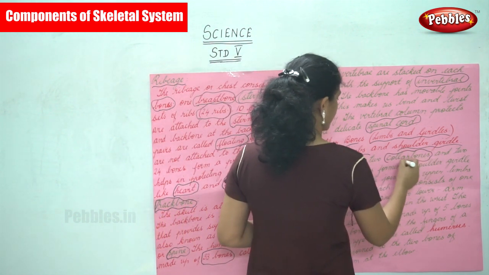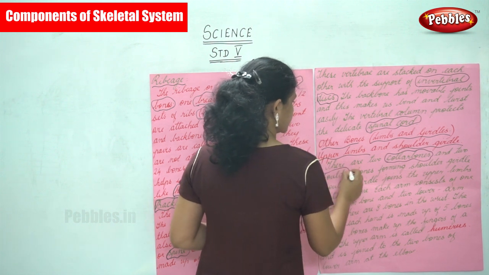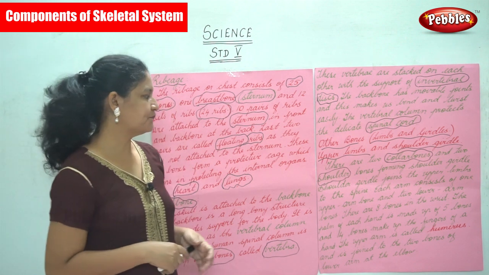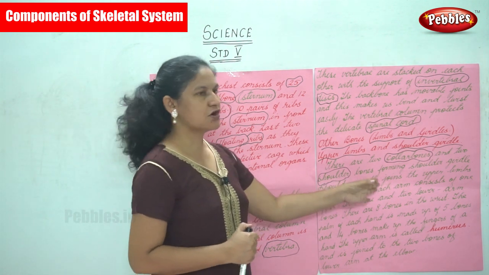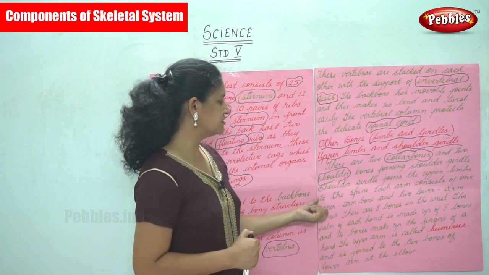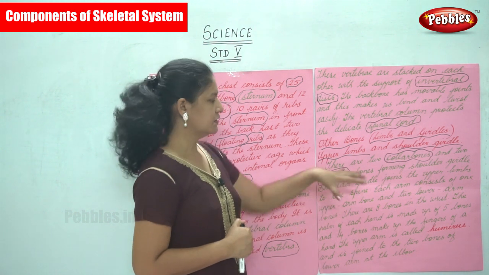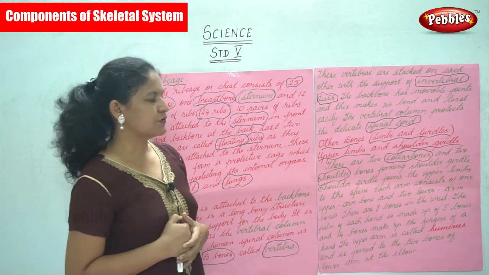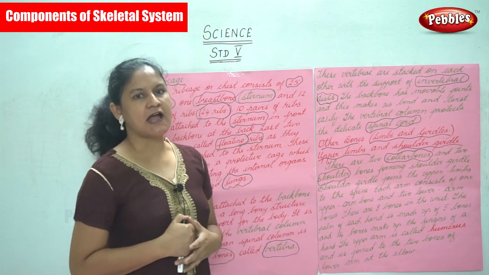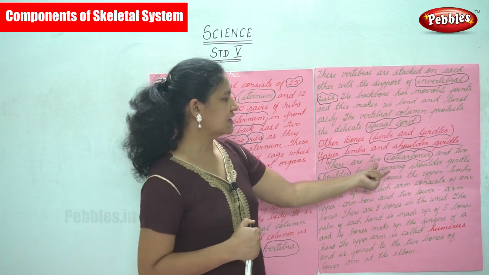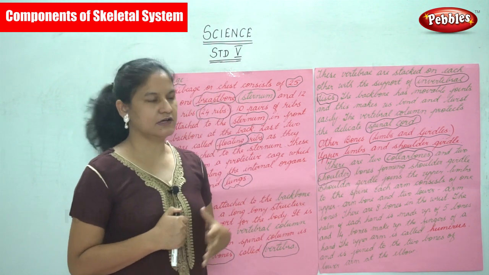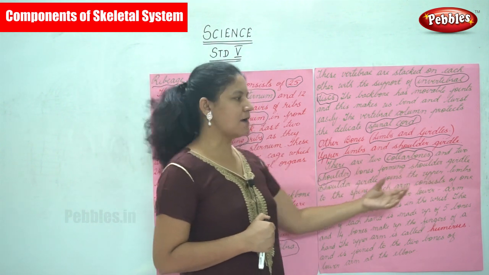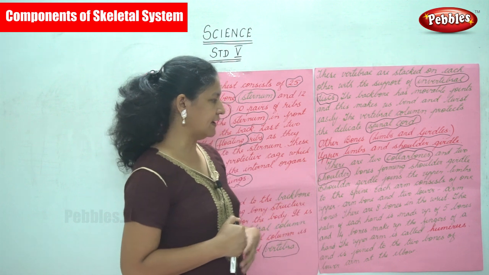So we have 2 collar bones and 2 shoulder bones forming the shoulder girdle. The shoulder girdle joins the upper limbs to the spine.